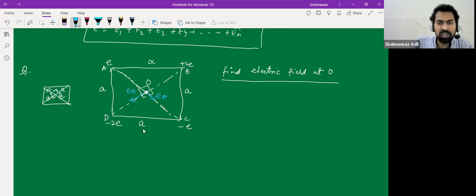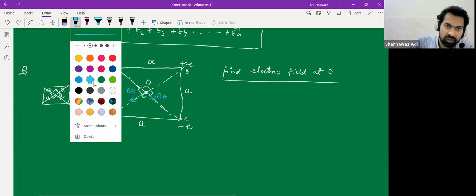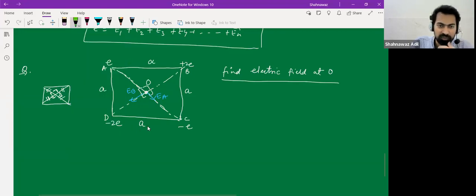And what would be the direction of the electric field due to this minus 2E charge? So again in the direction of this, right? So this is ED.